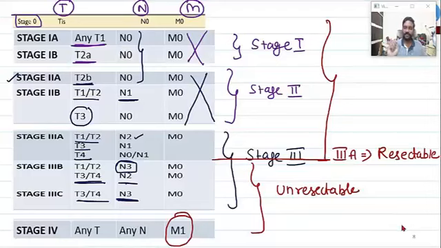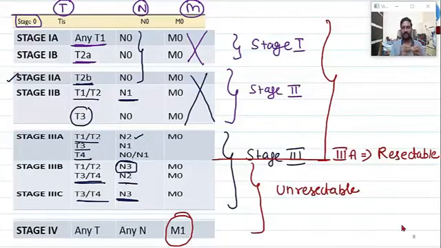So this TNM staging is a bit tricky, but what you need to understand is, small tumors with less lymph node involvement will be given a lower stage. Large tumors with more extensive lymph node involvement will be given a higher stage, and the higher the stage, the more difficult it is to do the surgery.